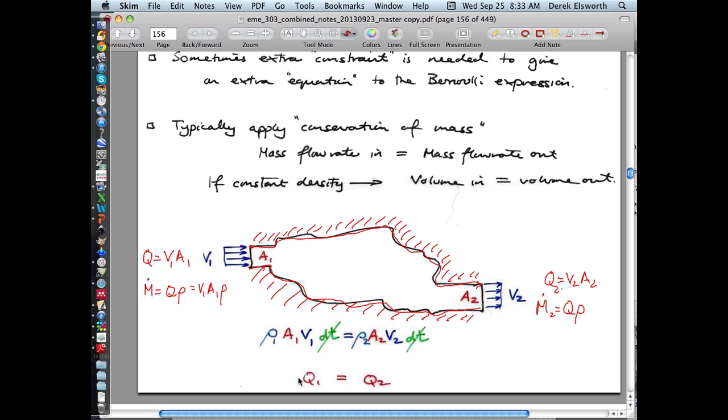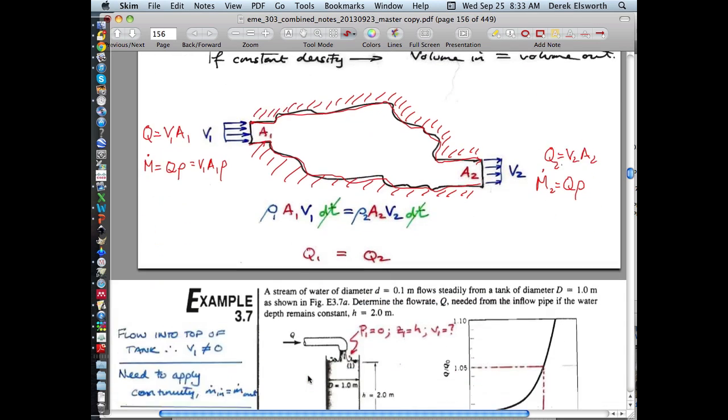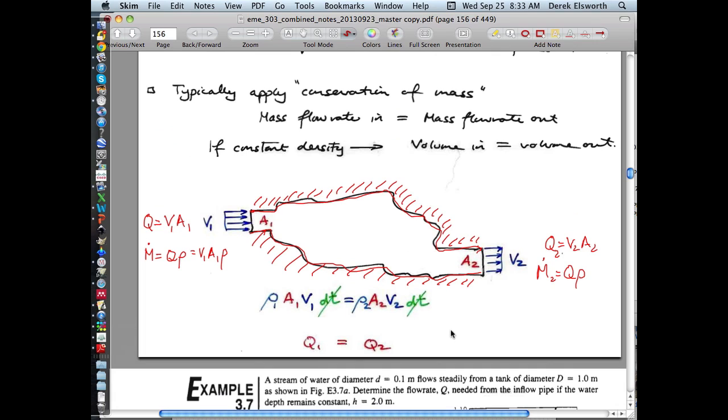And so we can write that Q1 and Q2 are the same, and then we can use that to be able to constrain expressions. So typically the way that we write this is that we write it in terms of velocity at point 1 times the area at point 1 is equal to the velocity at point 2 times the area at point 2.